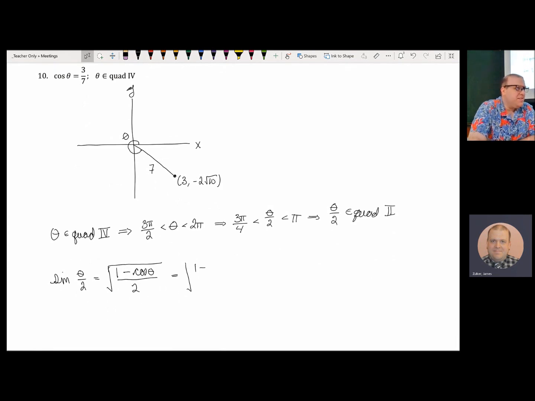I actually don't think I needed the y coordinate here. No, since all these identities involve cosine, don't they? Well, tangent you can use sine if you really want to.